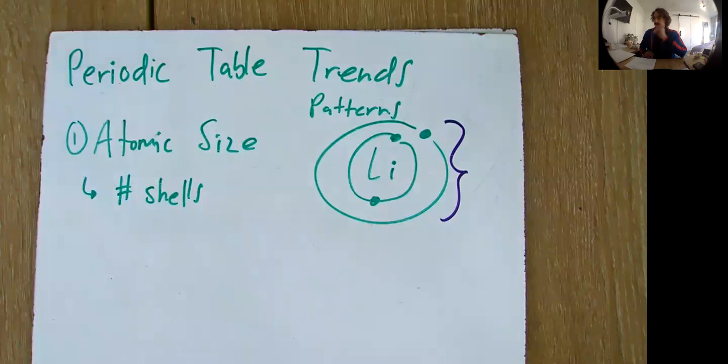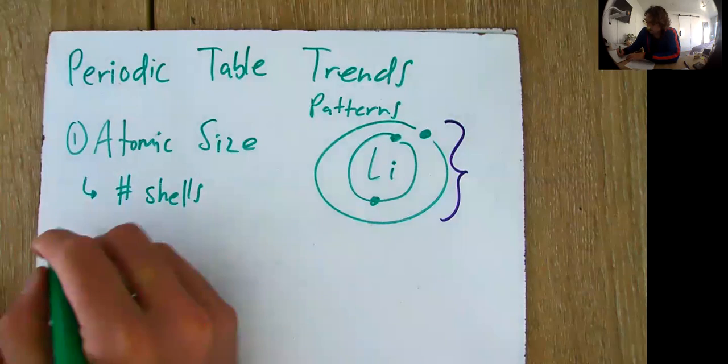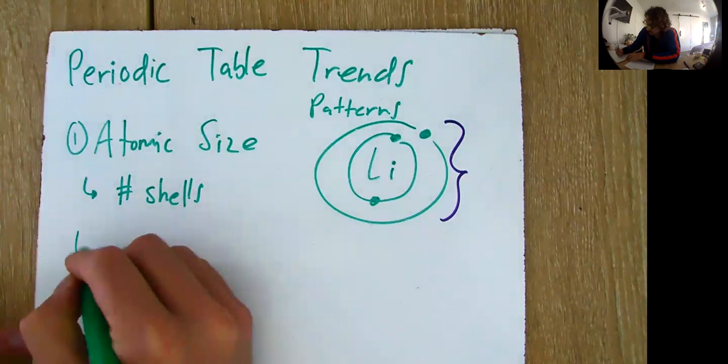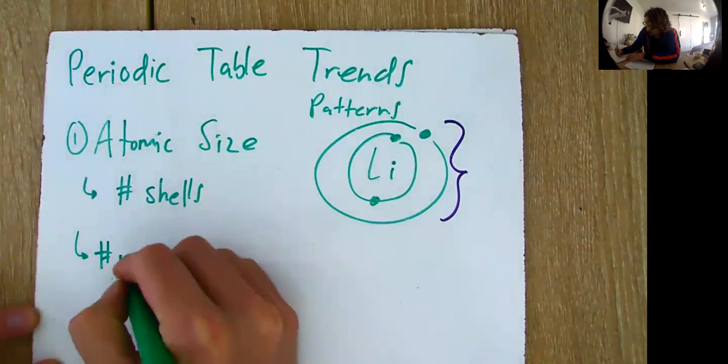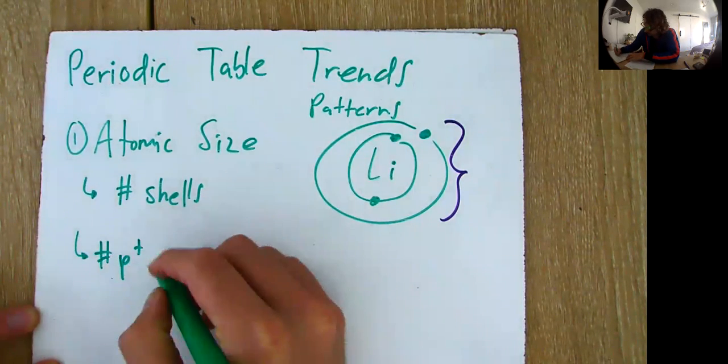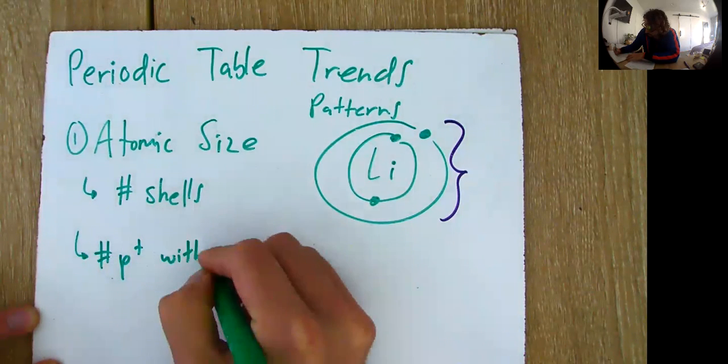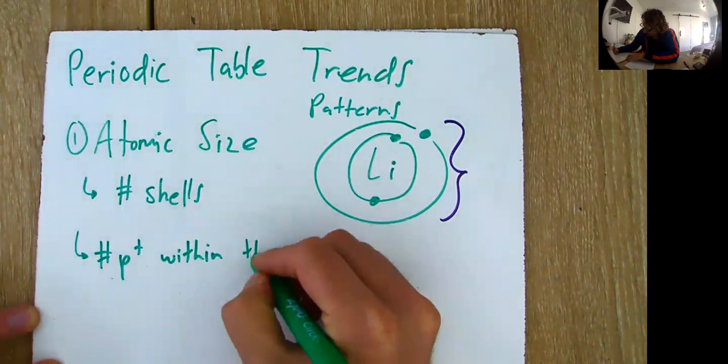Another thing that atomic size depends on is the number of protons within the row.